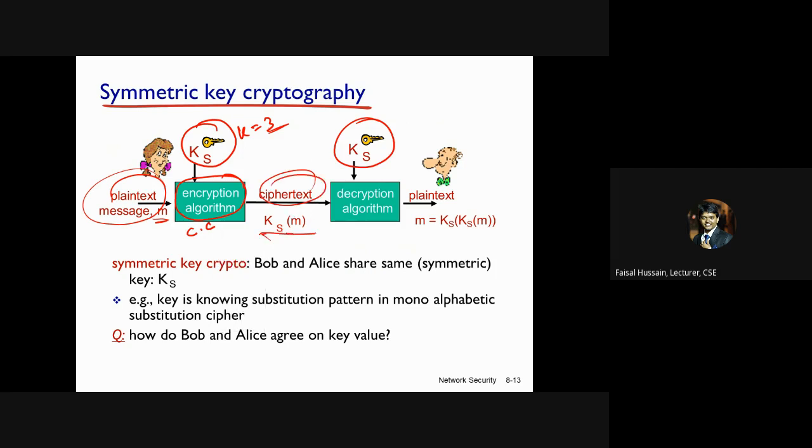Now it comes to Bob's part. He has the decryption algorithm, uses the same shared key, and finds the plain text from the cipher text. So the question is, how do Bob and Alice agree on a key value? That is the major question for symmetric key cryptography.